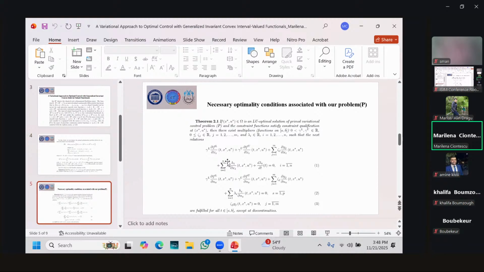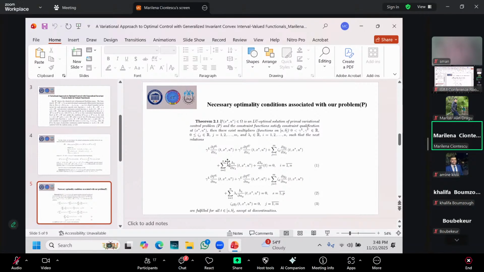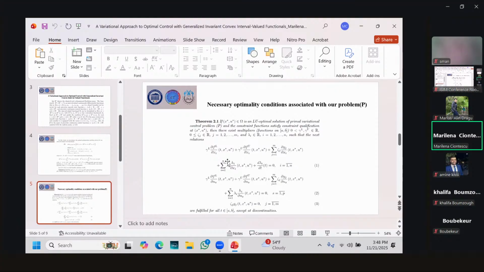And we continue and present the Karush-Kuhn-Tucker type necessary optimality conditions associated with our problem P. These conditions are presented in Theorem 1.